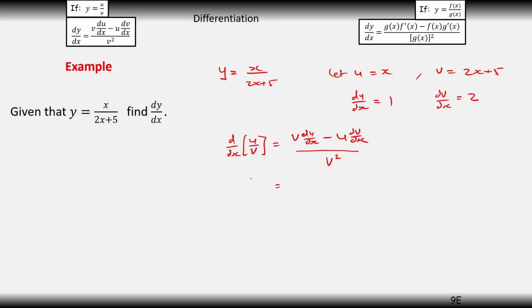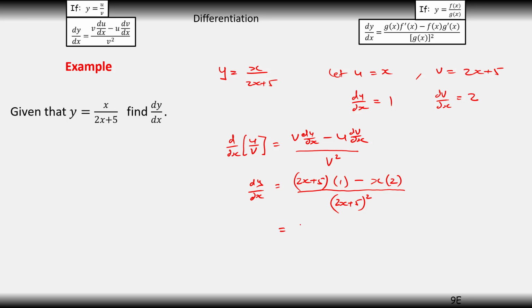I'm going to change that u over v to y, makes it easier. dy over dx is equal to v, 2x plus 5, times du over dx, which is 1, minus u, which is x, times dv over dx, which is 2, all divided by v squared, which is 2x plus 5, all squared.